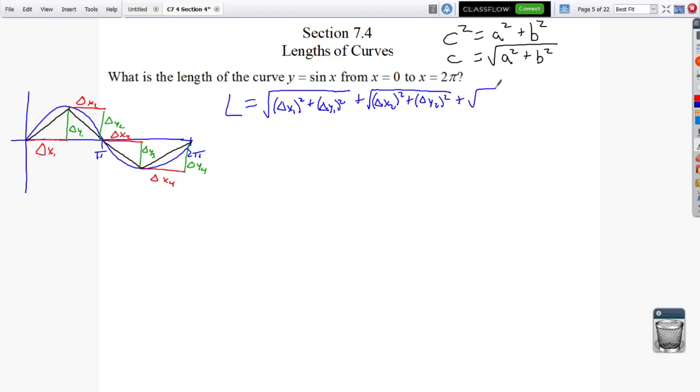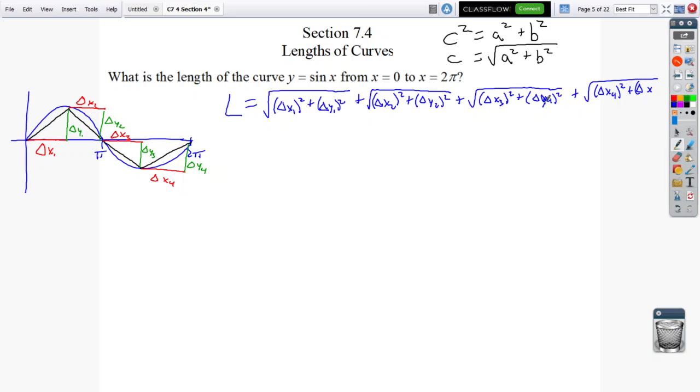It's going to be the square root of delta x3 squared plus delta y3 squared, plus the square root of delta x4 squared plus delta y4 squared. All right.